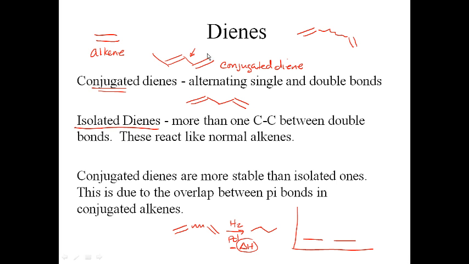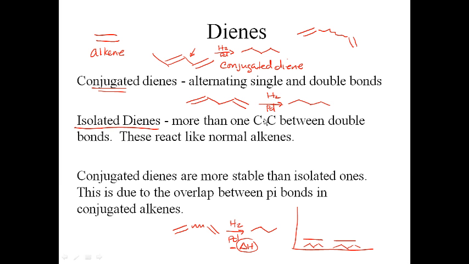So if I reacted this with H2 and palladium, I would get pentane. And if I reacted this with H2 and palladium, I would get pentane. So they get the same product, pentane.